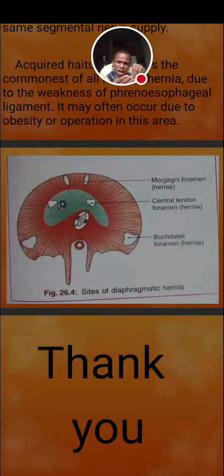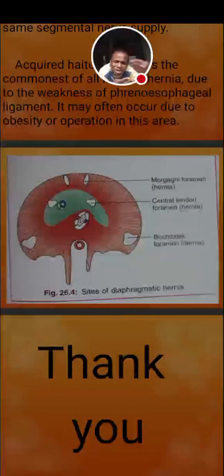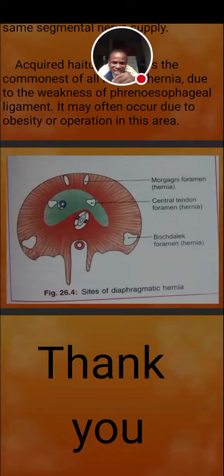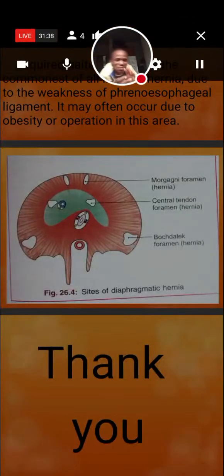So the ascending lumbar vein empties into the subcostal vein, and the subcostal vein empties into the what? Hemiazygous vein, and the hemiazygous vein empties into the accessory hemiazygous vein, and the accessory hemiazygous vein empties into the azygous vein. Okay, so we are coming to venous drainage, so you appreciate better.